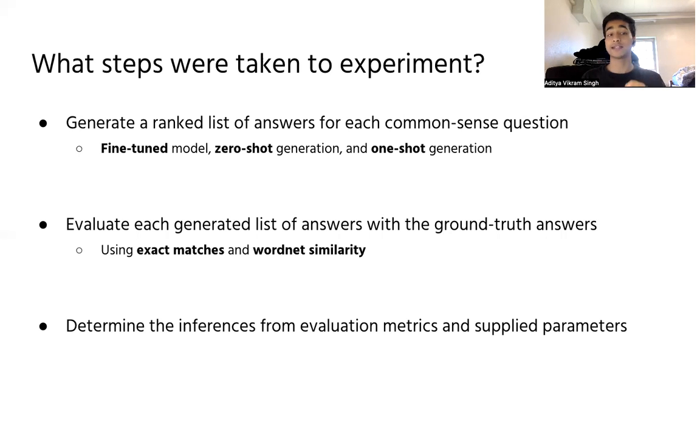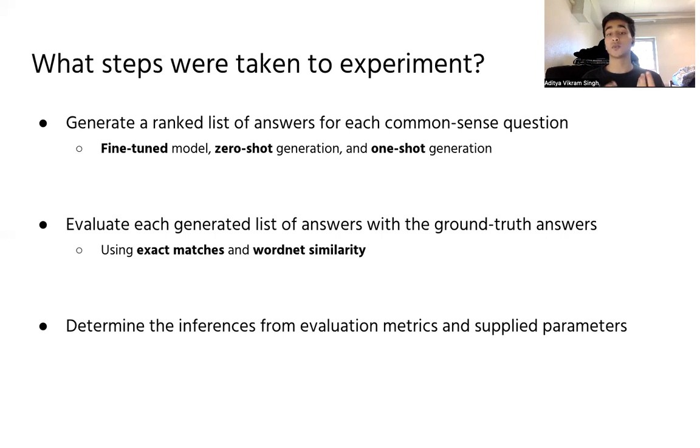We also tried to evaluate each of these generated lists of answers with the ground truth answers. And we used 2 criteria to achieve this. We attempted to use exact matches, which is word-to-word matching. It does not consider semantic similarity, however.